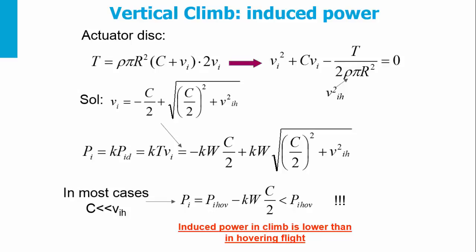As in most cases the vertical climb rate is much smaller than the induced velocity in hover, it follows that the induced power in climbing flight is actually the induced power in hover minus a coefficient k w c over 2. Therefore, the induced power in climb is lower than in hovering flight. So we need less power when we are climbing.